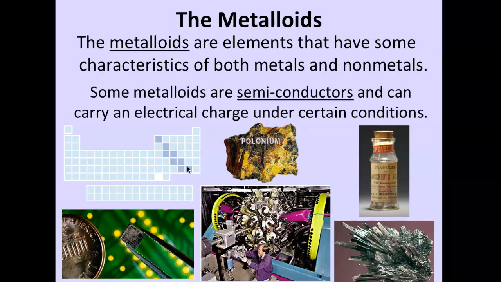And what that means is that under certain conditions, they are able to conduct heat and electricity, but under other conditions, they are insulators. And that is the case with silicon. So this is an example of a silicon chip. And you can see a penny here for reference, just showing you a comparison of the size. So silicon is what is responsible for the electronics that we're so familiar with, cell phones, computers, things like that.